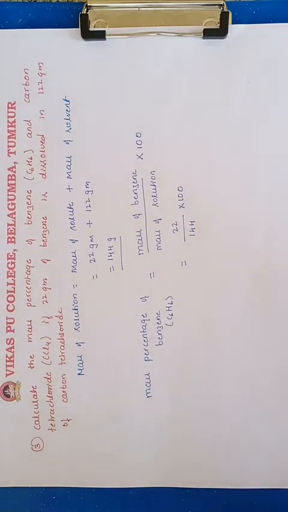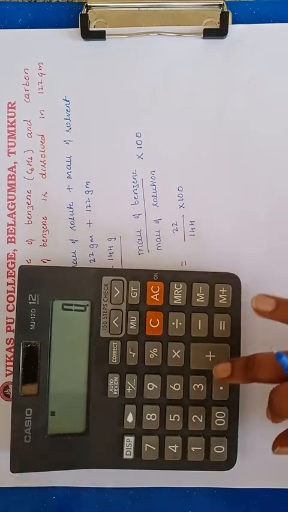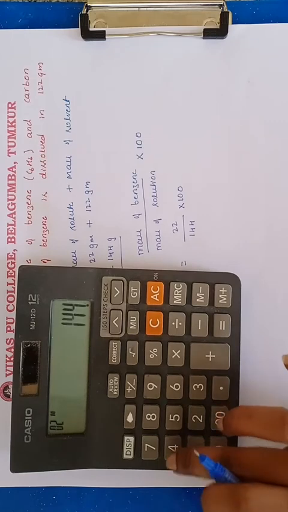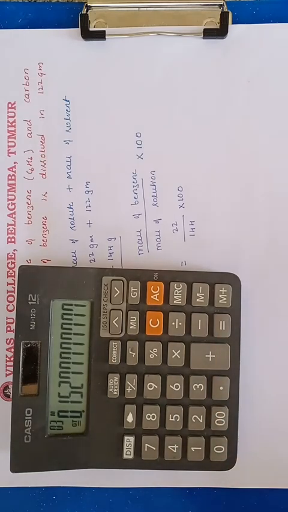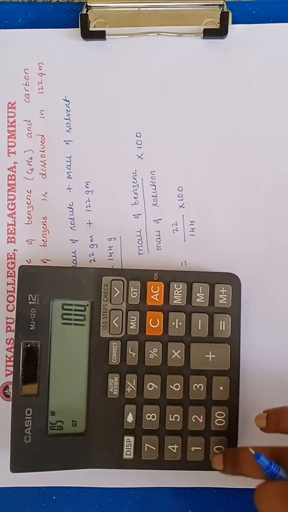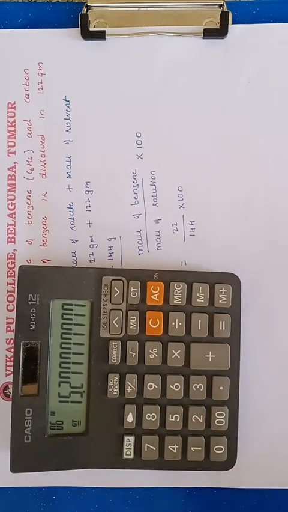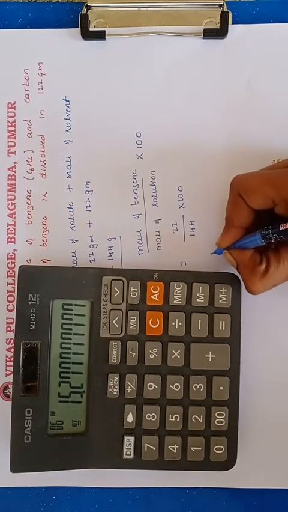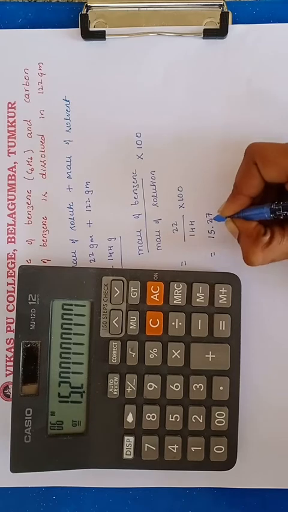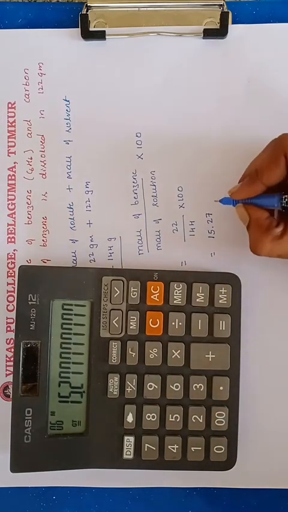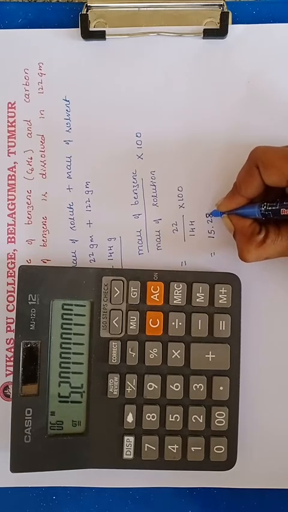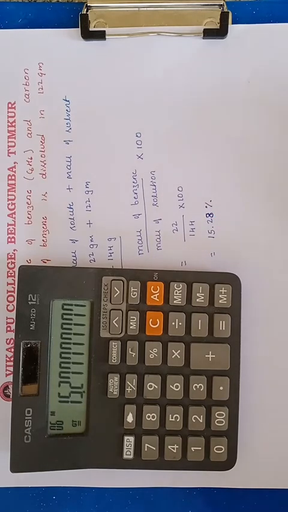So 22 divided by 144 equals 0.152, into 100 equals 15.27. Up to 2 digits we take it, otherwise we can round off to 15.28%.